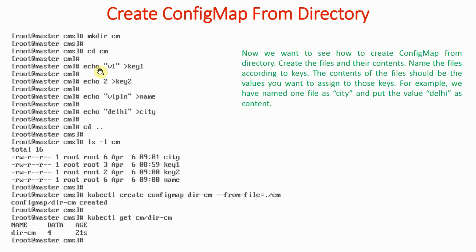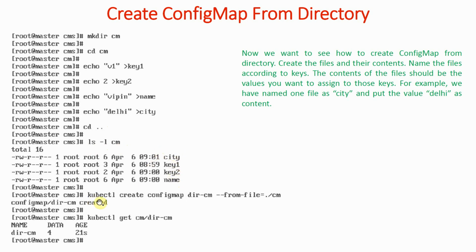You can put the value by using the echo command. Please remember you have to keep the file name as the key, and these are going to be the values. Then we will go one directory back by using the cd .. command. Then with the ls -l cm command we can check that 4 files are available.